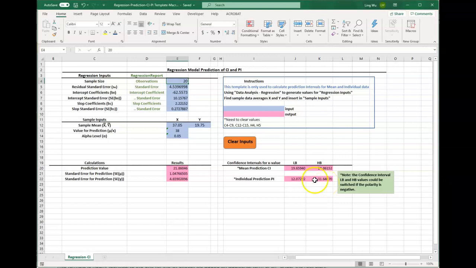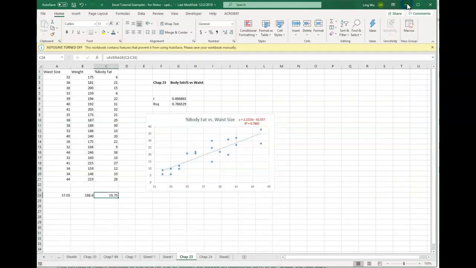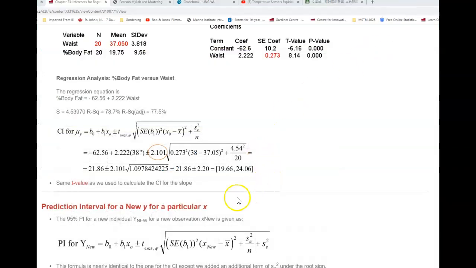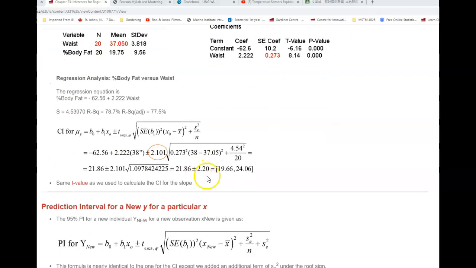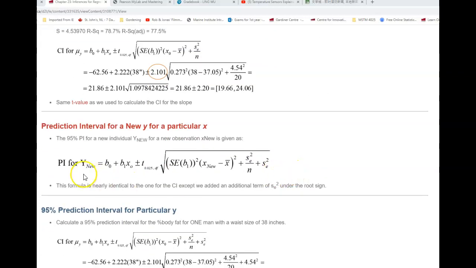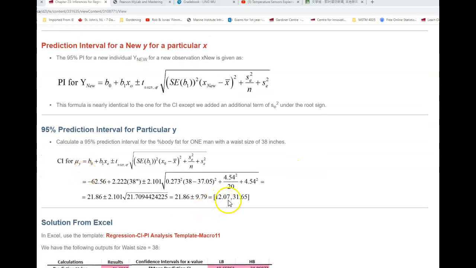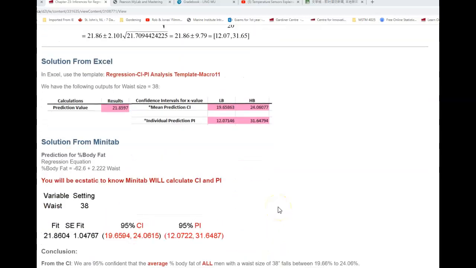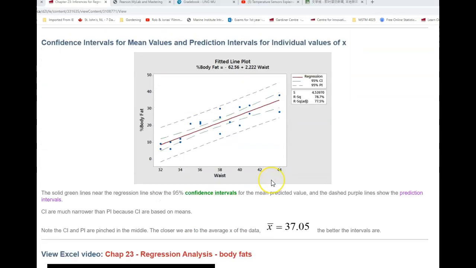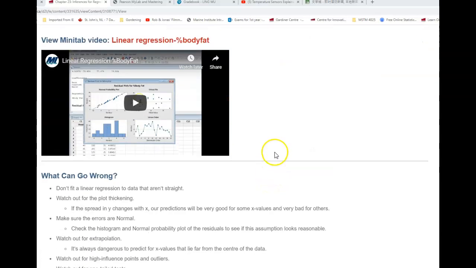And we just go back to check with our notes. So you can see this is the confidence interval for predicting the mean value, between 19.66 and 24.06, and the prediction for an individual is 12.07 and 31.65. That basically matches our Excel output. That's all for these chapters, and thank you and bye.